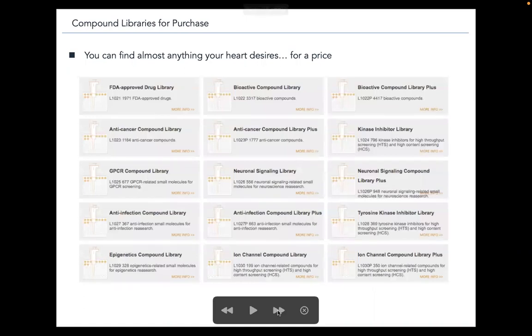I wanted to wrap up by giving you a snapshot of what things look like. If you want to bring in a compound library, there's a ton of them available, and they're for all different things, right? Anti-infection, ion channel compounds, epigenetics, GPCRs, etc. You can type that in, probably Google it, and you'll find it. This is just on one website.